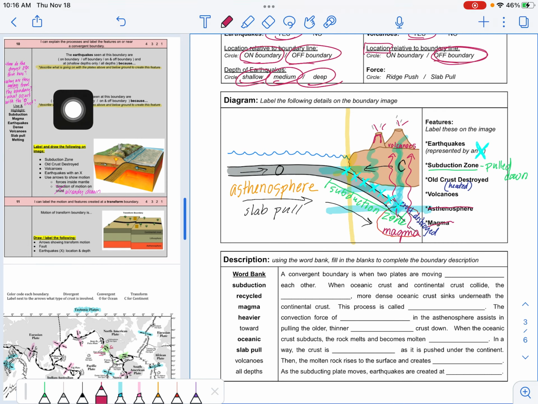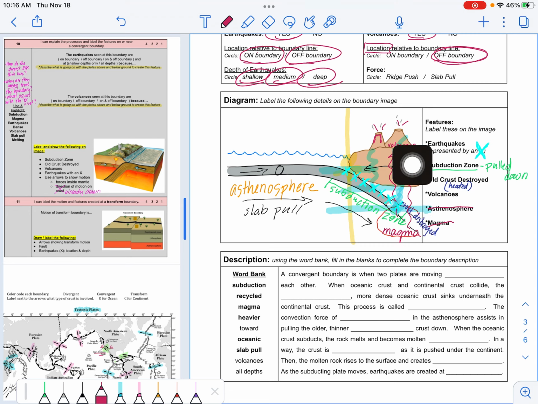So when you're thinking about your description, why do I see earthquakes happening every depth, both places on and off the boundary? Again, it all has to do with that subducting plate. Describe how and why that plate's going in. Earthquakes are happening anywhere where that plate moves, so they're going all along that subduction zone. The further it goes down, the deeper those earthquakes occur.